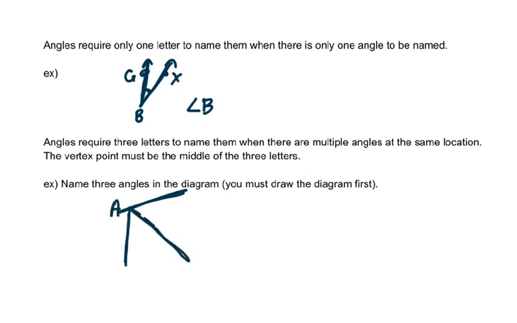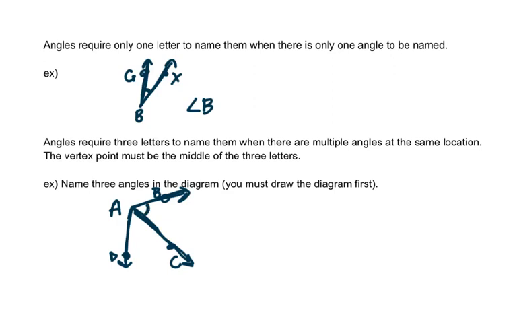So we've got A, B, C. These all have arrows on them. And then D. Well, unfortunately, D is not the only, or A is not the only angle at that location. So I would need 3 angles.